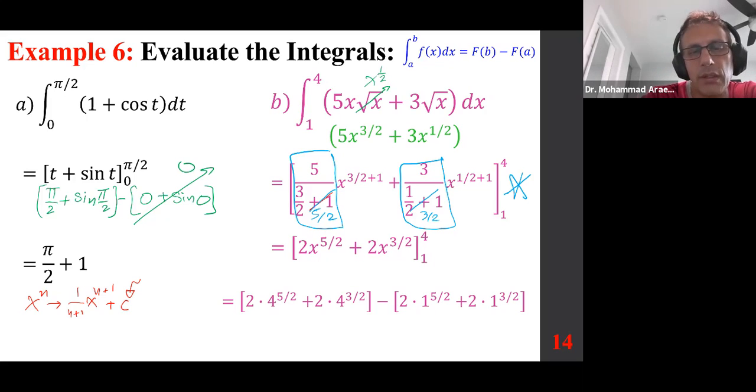So this one is the square root of 4 to the power of 5, 2 to the power of 5, which is 32. So that's the first one. 2 times 32 is 64. So this is all elementary algebra.